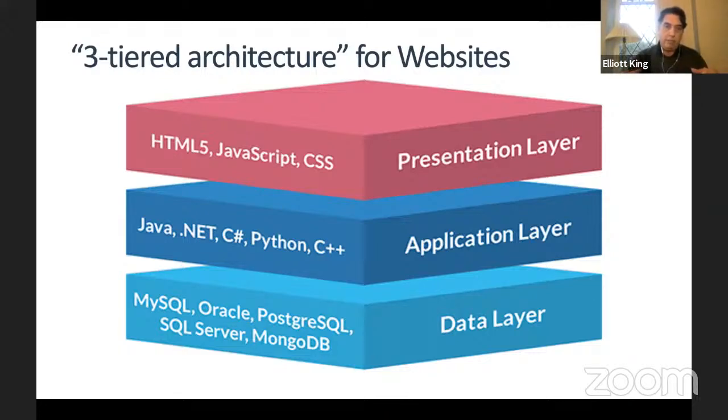First of all, the application layer. This is the programming language that underpins the intelligence of what's going on. For most marketing websites, that's the content management system. The content management system has to be programmed so that it pulls the right bits of content and pushes them back up the internet so they're presented the way they're supposed to look. And then right at the bottom is the database layer.